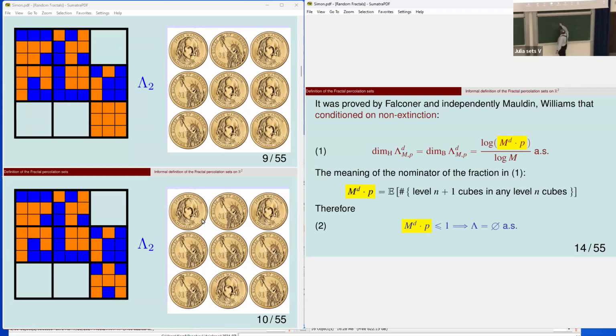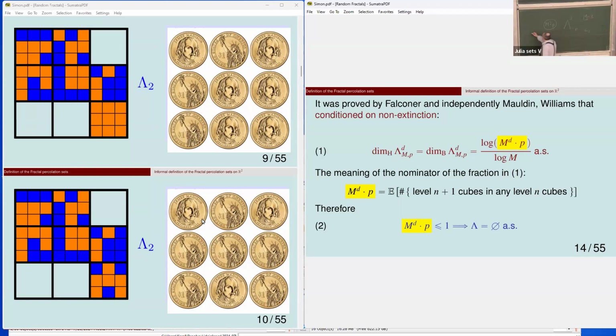So this is the expected number of little squares: any square of level n contains m squared p little squares on average from the next generation. And that is why the Hausdorff dimension, which is equal to the box dimension, is the logarithm of this expected value divided by the logarithm of the inverse of the contraction, because this is the contraction almost surely conditioned on non-extinction. This is the Hausdorff dimension.